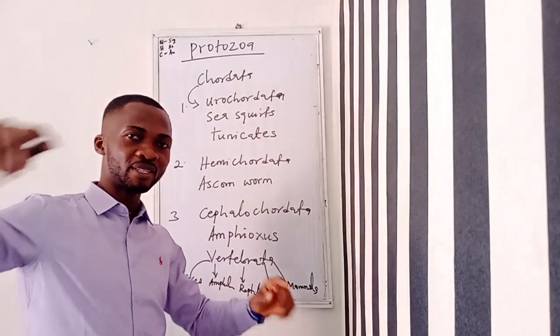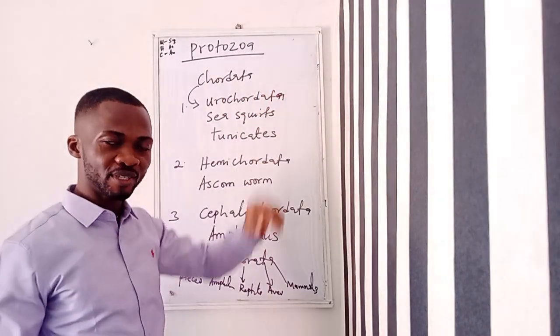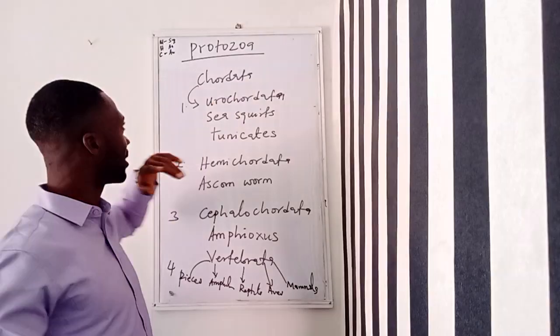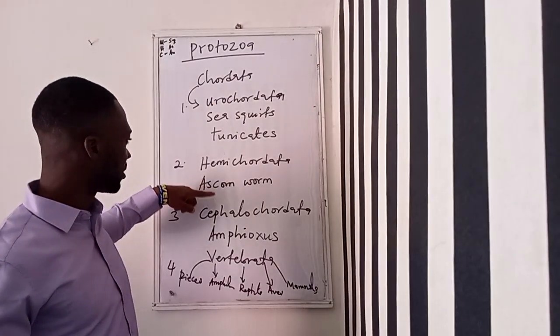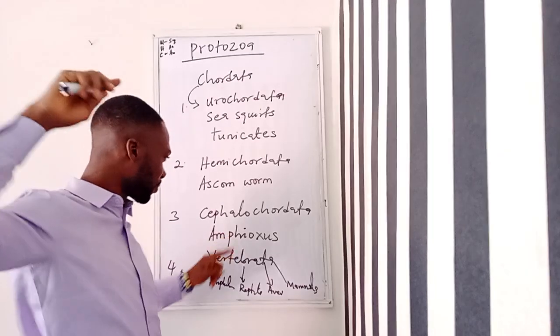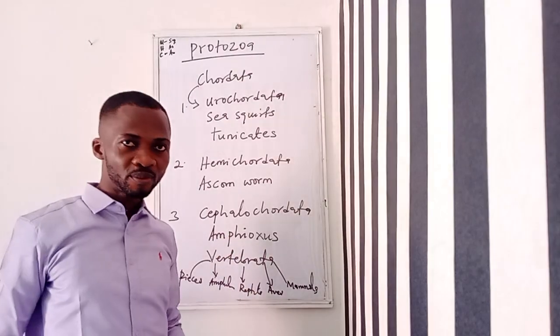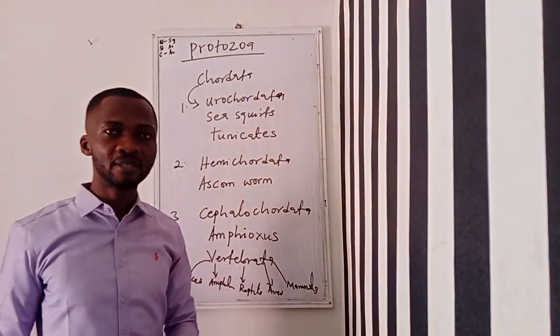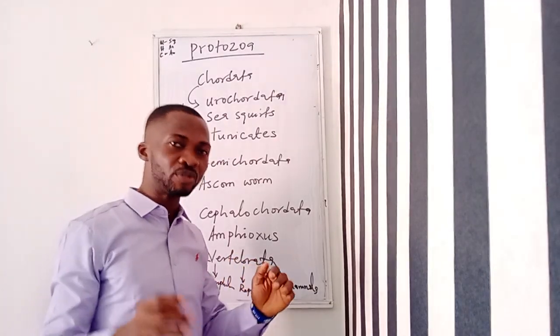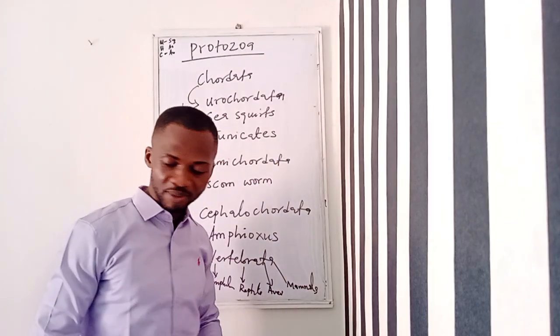And like I said, this chordata is a phylum that links the invertebrates and the vertebrates. So from protozoa down to cephalochordata are called invertebrates. Then vertebrata, containing the five classes, are called the vertebrates. So that is how to differentiate between vertebrates and invertebrates.